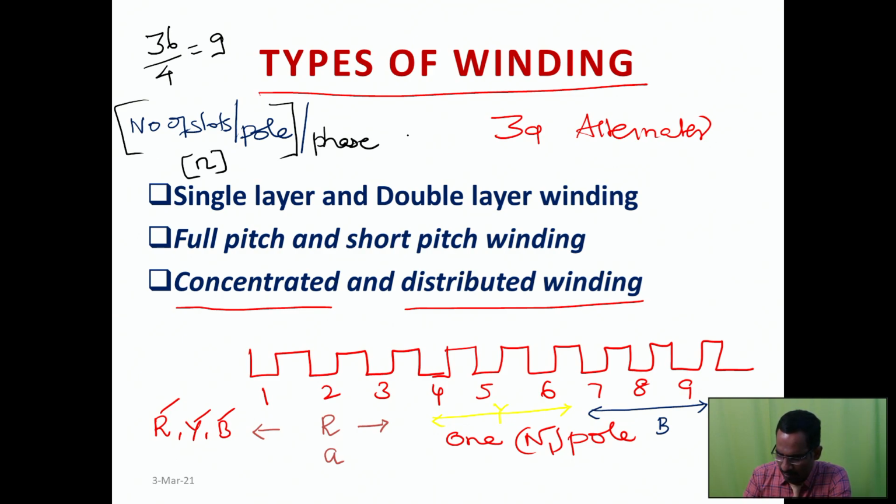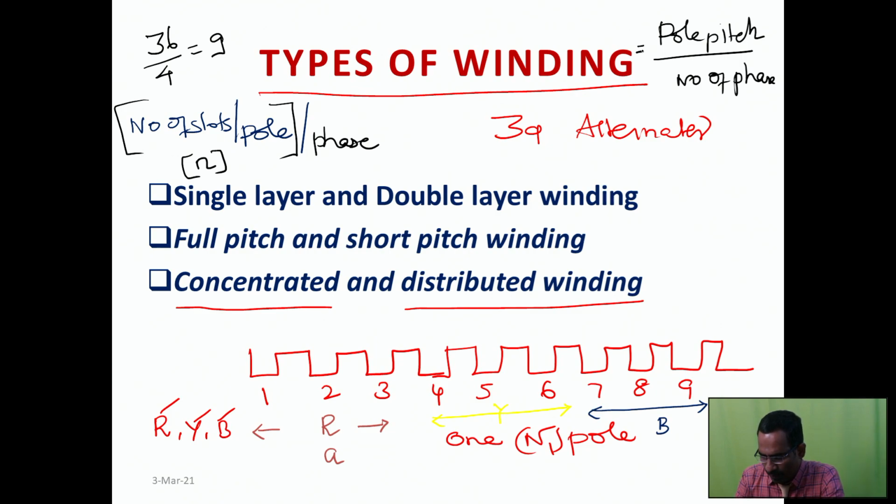So I can write this formula like this: pole pitch by the number of phases. It will give small m, or sometimes it is represented like this: SPP, slots per pole per phase.